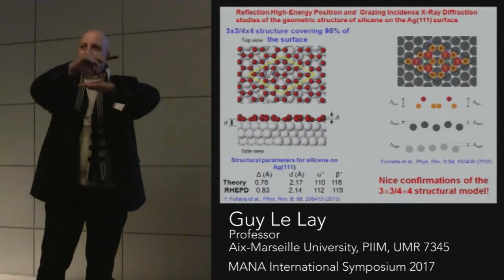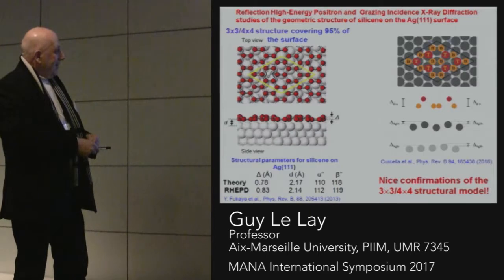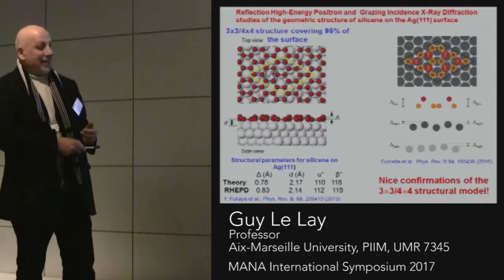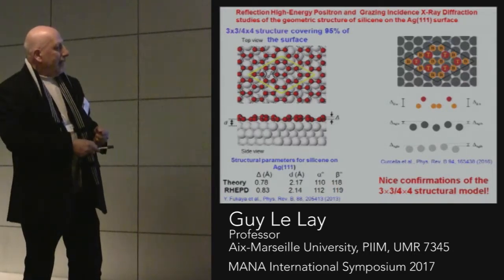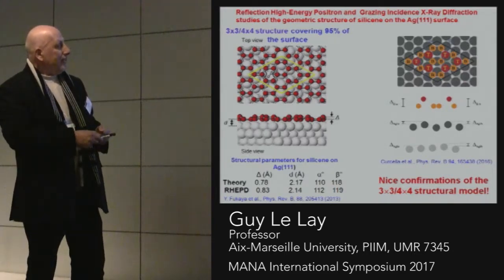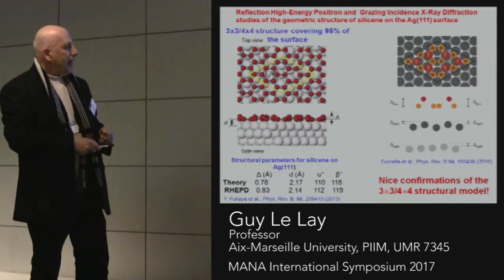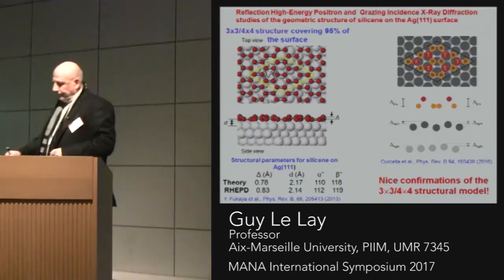They cannot penetrate. And this, the theory we calculated, and the results are really fantastic. And then very recently, there has appeared a surface X-ray diffraction study, also I think at the ESRF, confirming exactly our model.